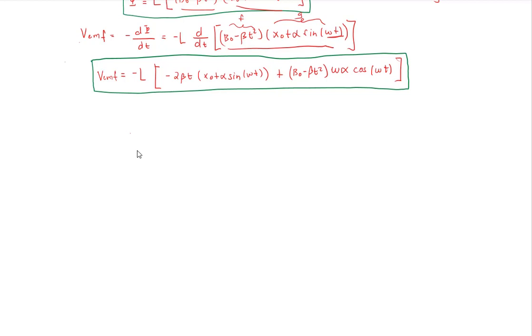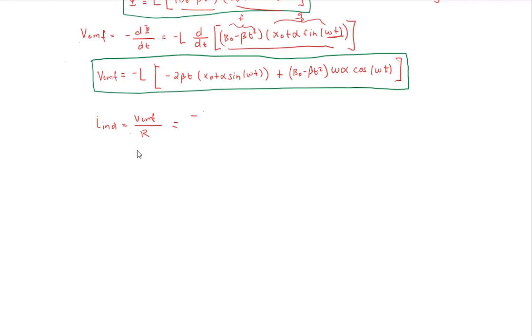Now that we have our VEMF, we can calculate our I induced. Just like in Ohm's law, volts on top, resistance on the bottom, to obtain our current.